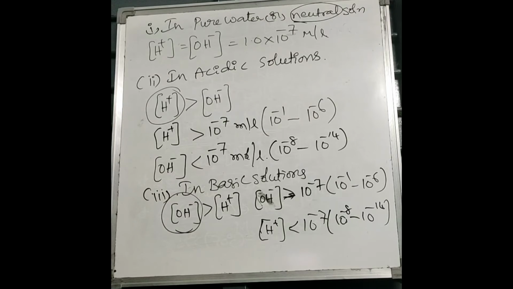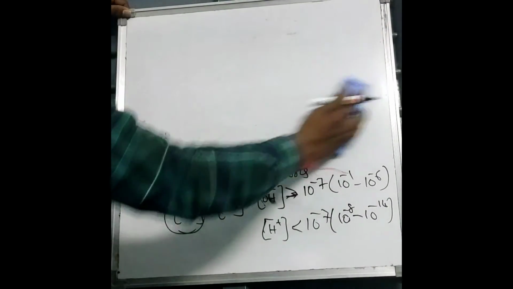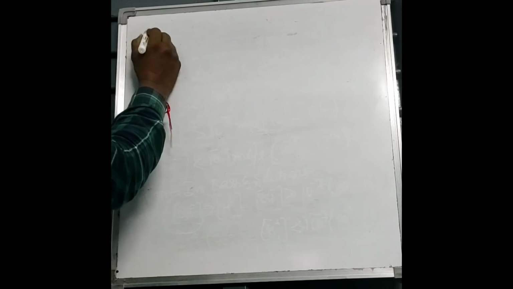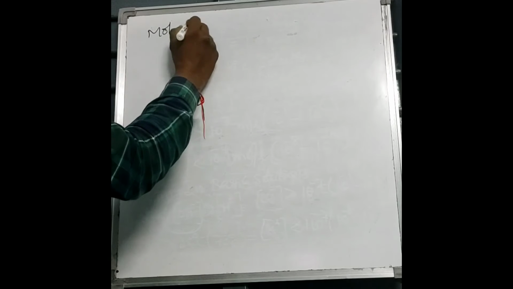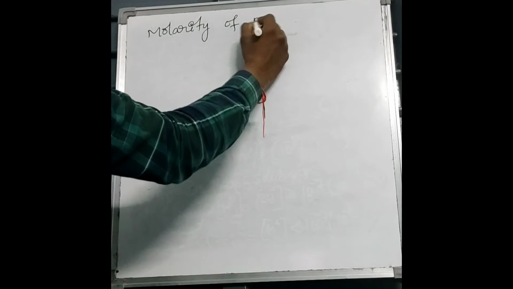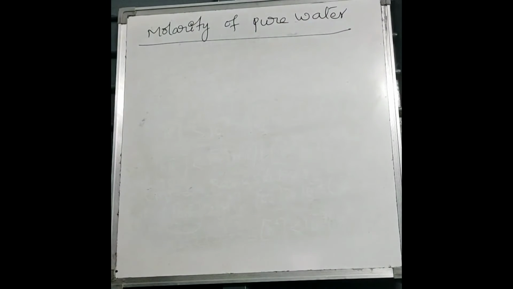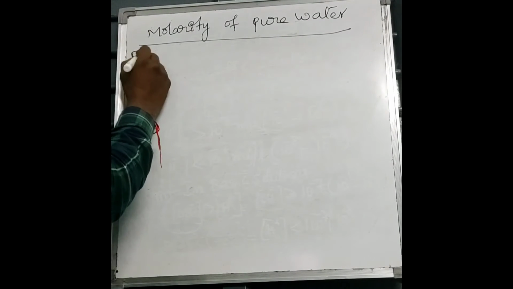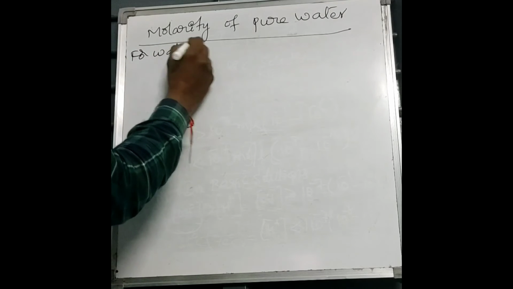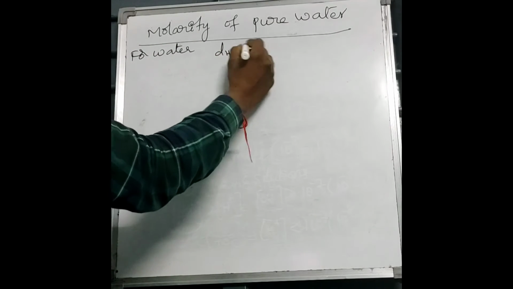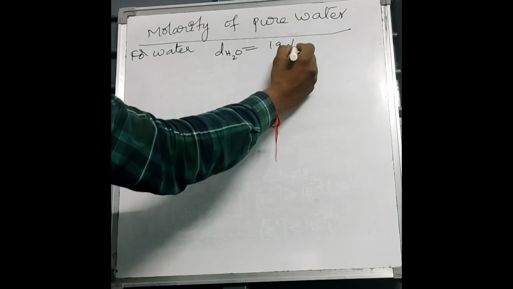Okay. So in the same way, we also calculate the molarity of pure water. Now, see molarity. What is the molarity of pure water? Students, for water, the density of water is 1 gram per ml.